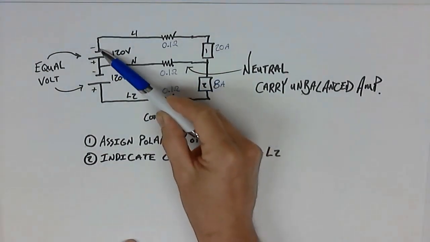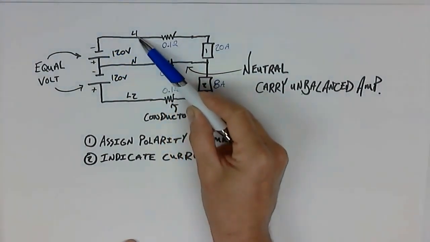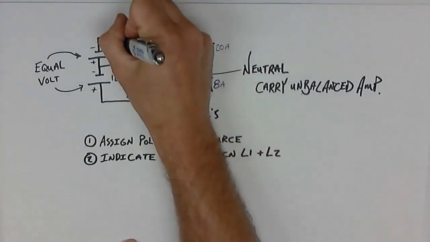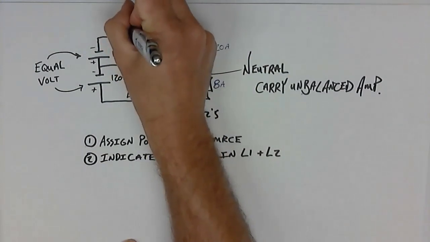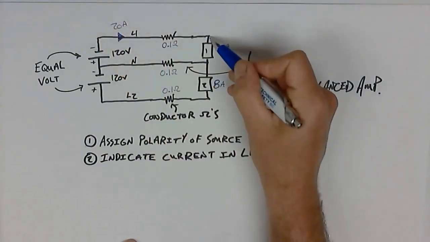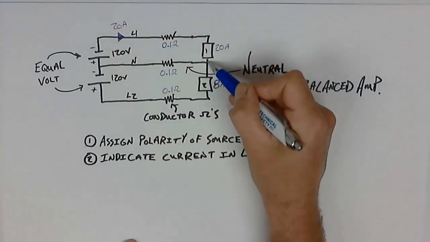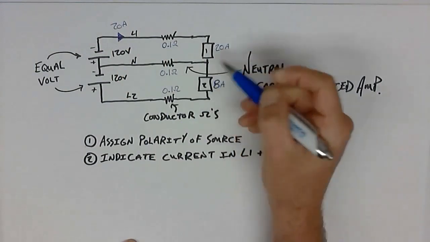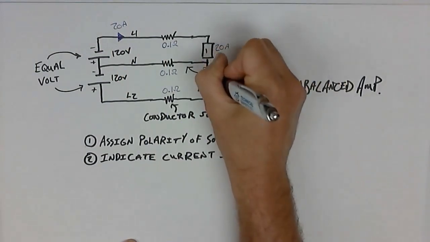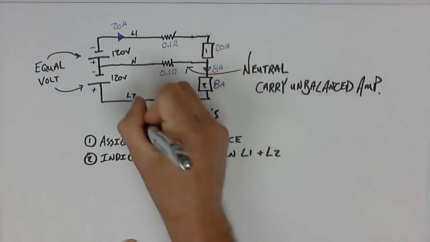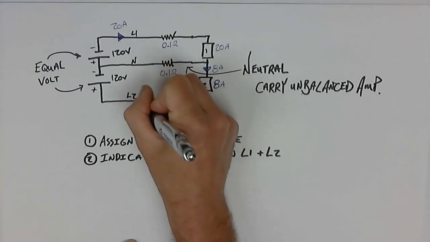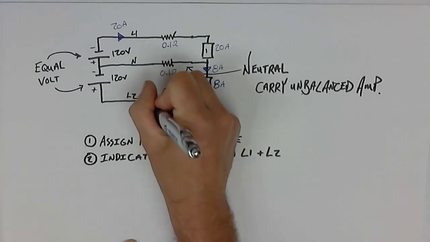We're using electron flow theory, so it means 20 amps is flowing out here. So let's put in a little arrow. 20 amps would then flow through here, and then 8 amps would be on the other side of it. So there'd be 8 amps here, and obviously 8 amps flowing back to my source.